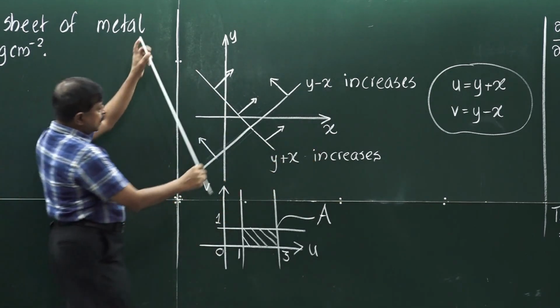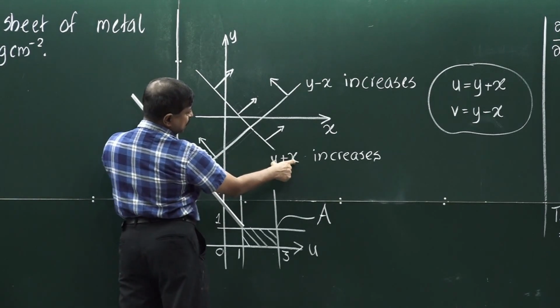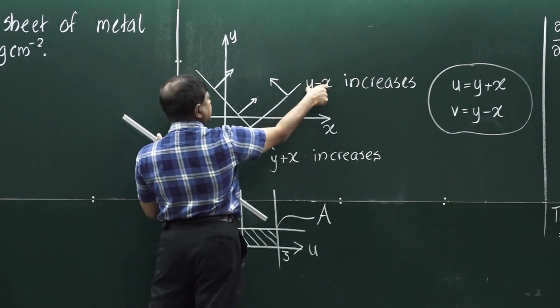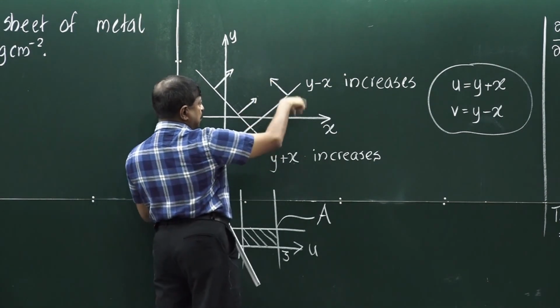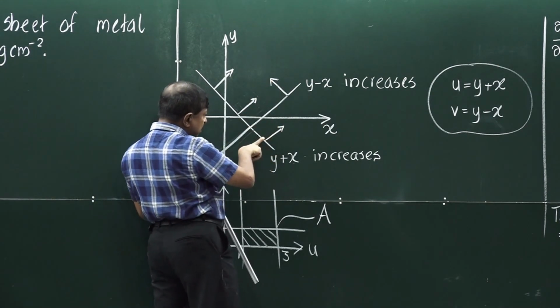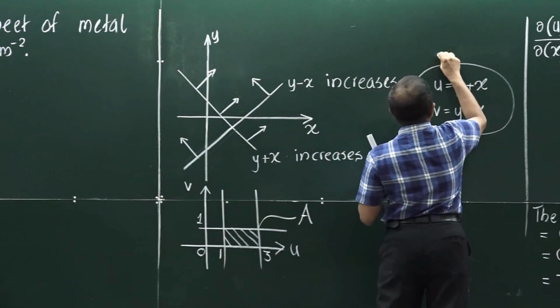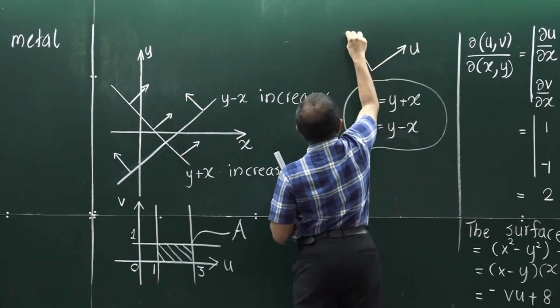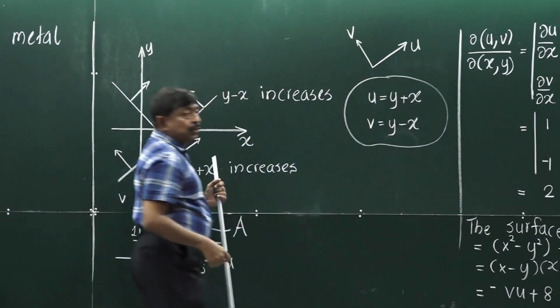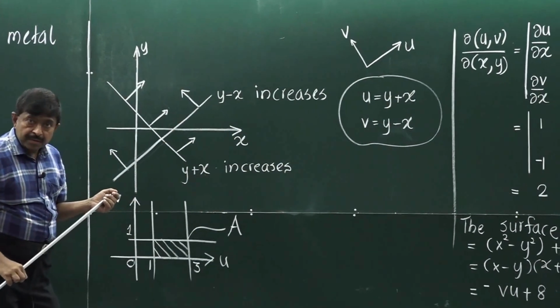Then you can see that if you take y plus x as one coordinate and y minus x as the second coordinate, this has that orientation. If you take this coordinate as u and the other coordinate as v, you have the same orientation as x and y.